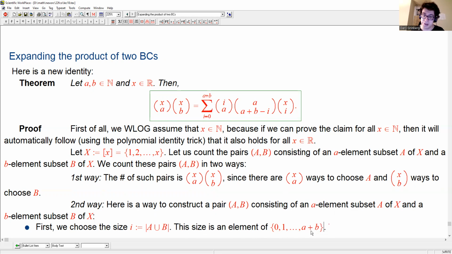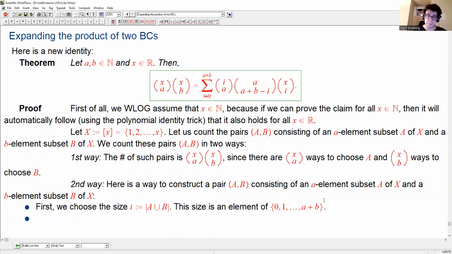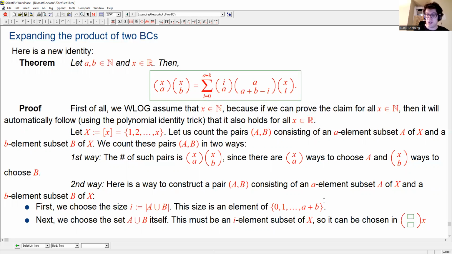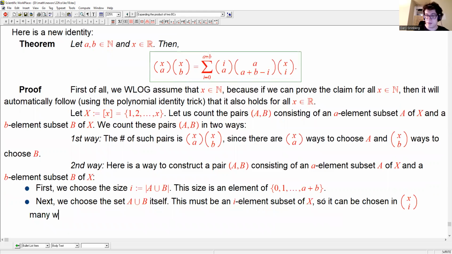What is important is that it cannot be larger than a plus b, because the size of a union cannot be larger than the sum of the sizes of the parts. Okay, next, we choose the union itself. This must be an i-element subset of [x], so it can be chosen in x choose i many ways.